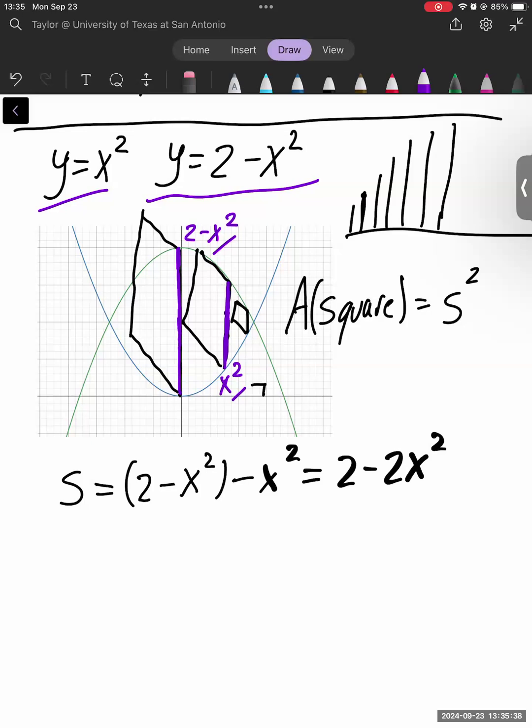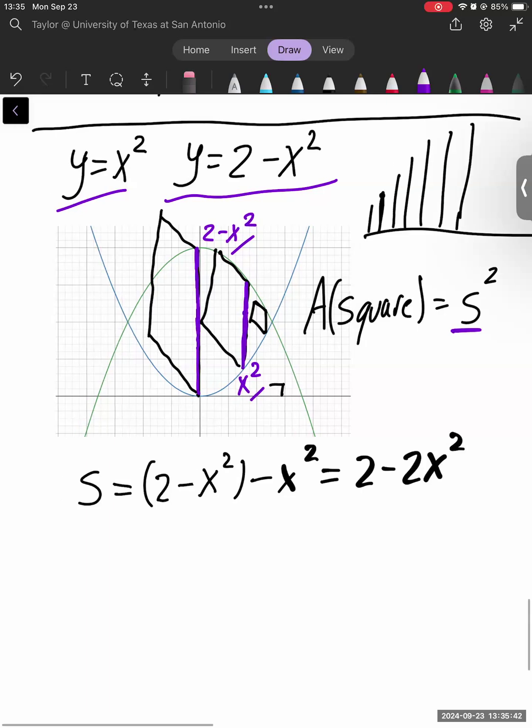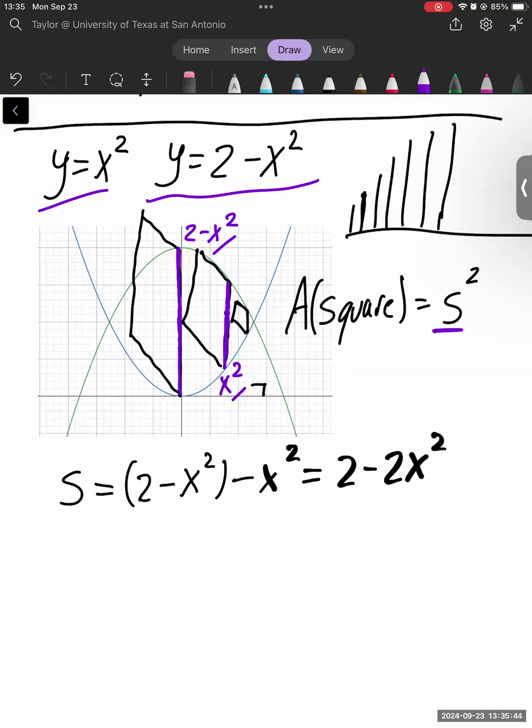And then we just found this side length here. We just solved for s. The way that works is we can take advantage of the fact that we can use our horizontal line test, and any horizontal line that we draw from this point to this point, or this point to this point, is the length of our side. And the way we find the distance between two functions is we just subtract them from each other. And so that's what I have going on here.